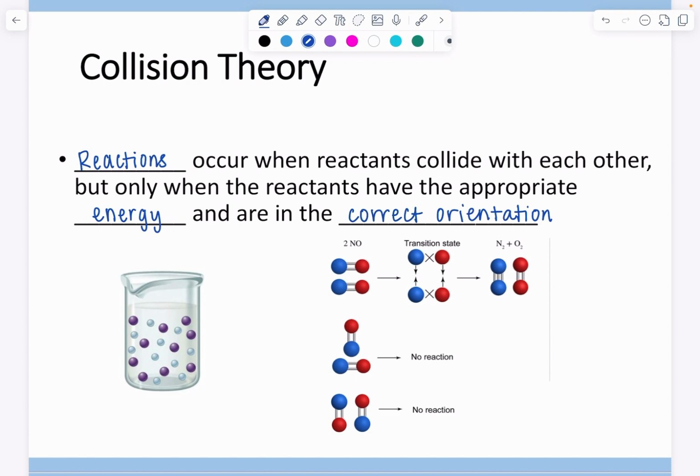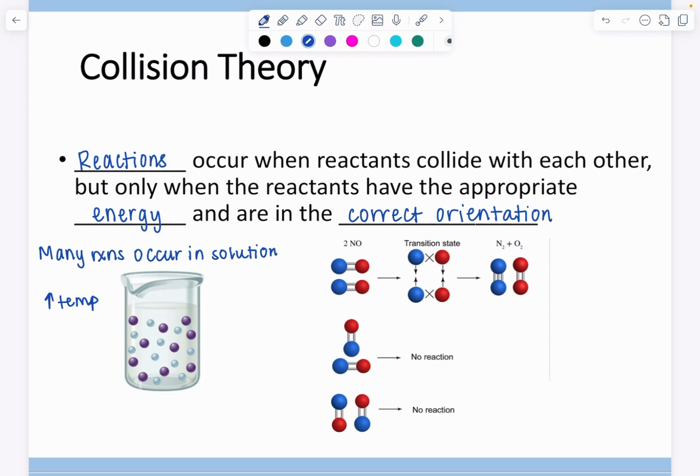Okay, so many reactions occur in solution. So let's look at the picture on the left right now. RxN is short for reaction. So if you increase temperature, molecules or atoms have more and more energy.